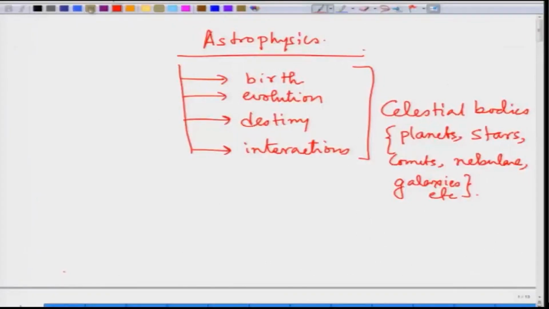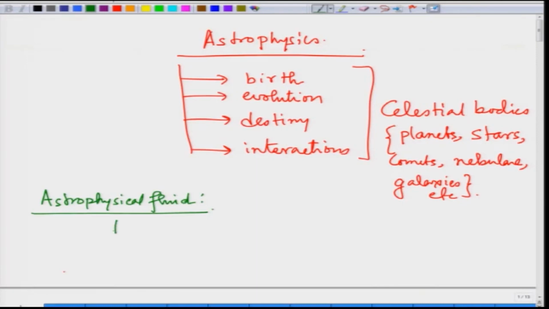An astrophysical fluid is roughly defined as the fluid media, rather the media, relevant for astrophysical scale.